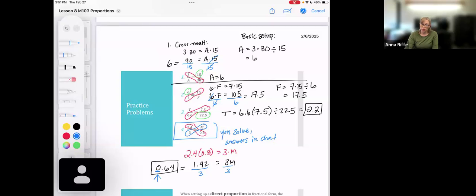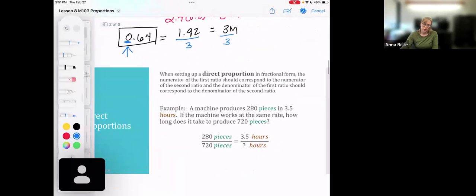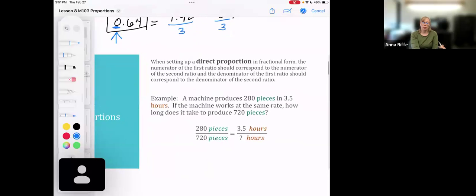The next part of this lesson is we want to talk about types of proportions found in word problems. The first type that we're going to talk about is a direct proportion.